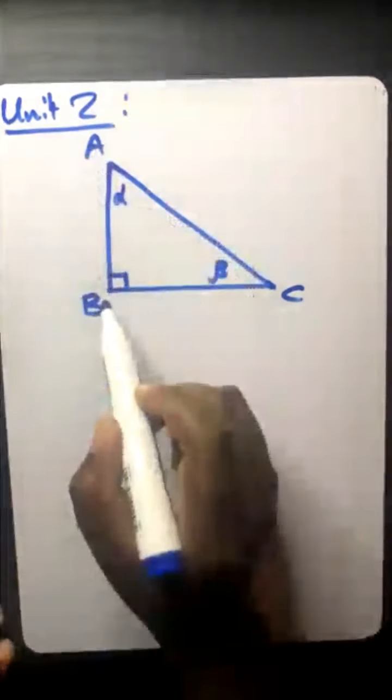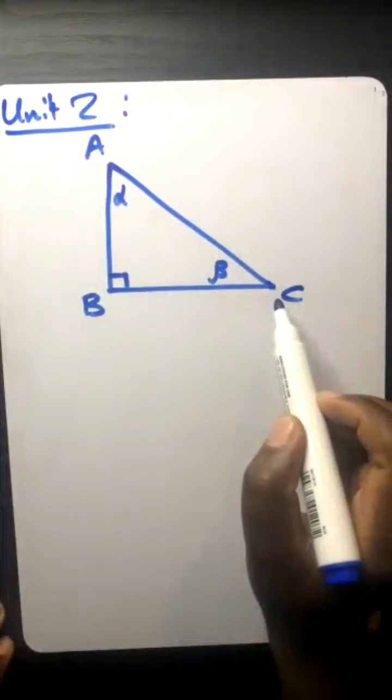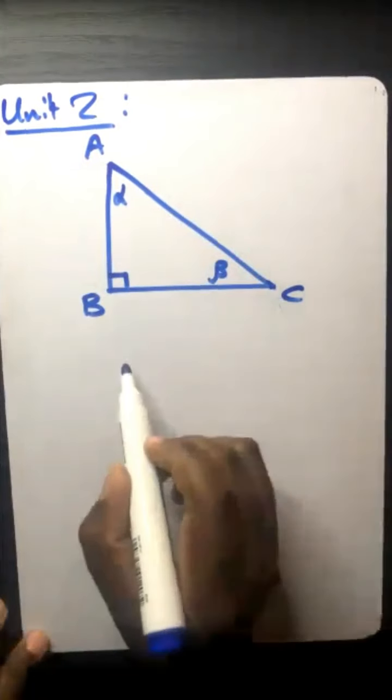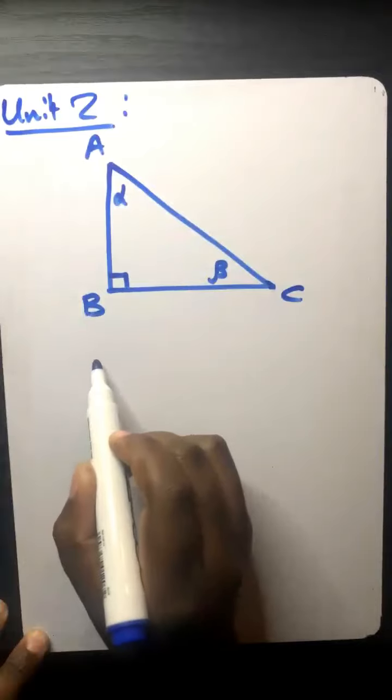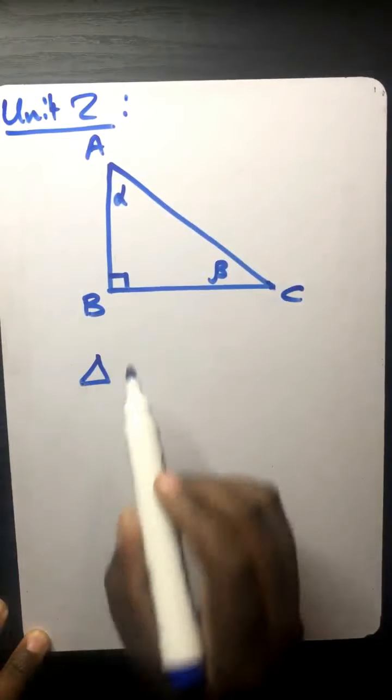So in triangle A, B, and C, with angle A, let me do this, LB. This is what we call a triangle.